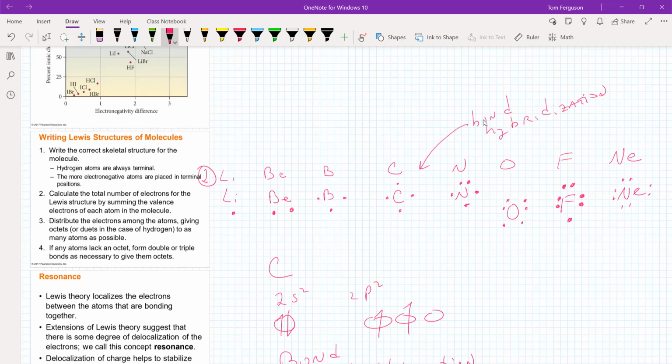This is a big deal in organic chemistry because guess what? Organic stuff is full of carbon. And not only that, you've got 3 types of bond hybridization for carbon. And that's why there are single, double, and triple bonds with carbon. It's because you've got bond hybridization going on.